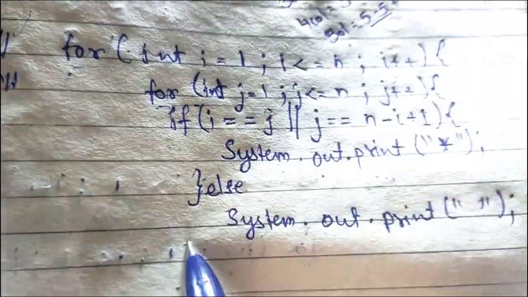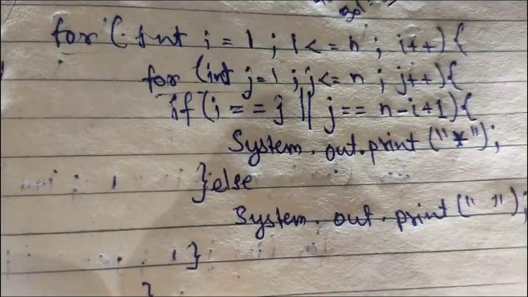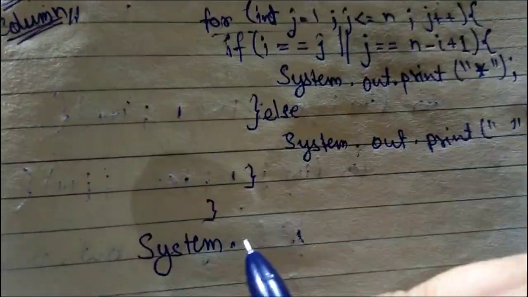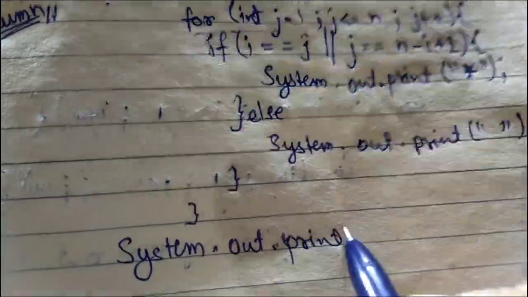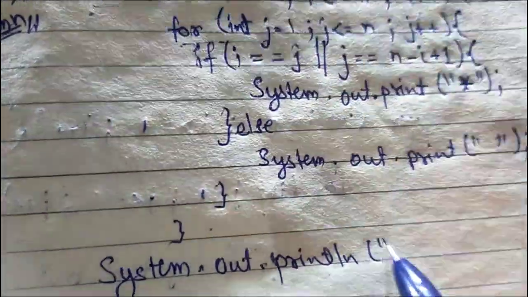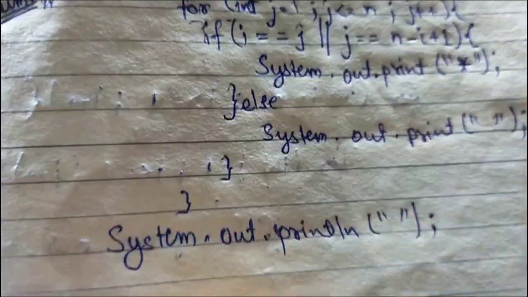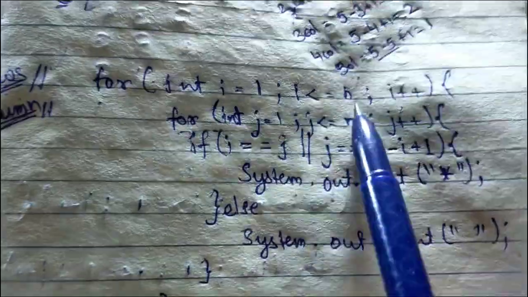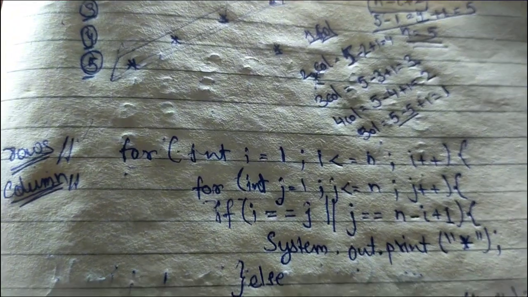Okay, after that, exit the inner loop, but here we just print System.out.println. This is the command for printing line breaks. Okay, here is our code for printing our cross star pattern. So it is very easy code.